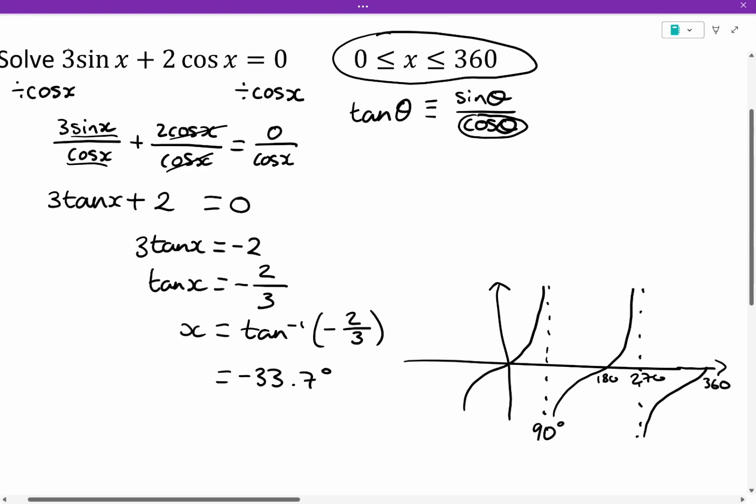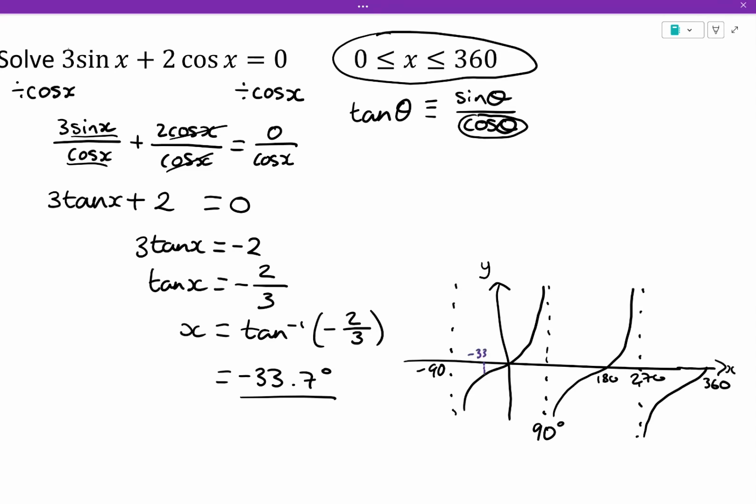Now the first angle we've got out is negative 33.7. Remember, angles are on your x-axis and your tan values are on your y-axis. Now if over here is negative 90, then negative 33.7 should be roughly, I'll do it in a different color, roughly here. So that should be negative 33.7. Now what we want to figure out is the other points which have the same y coordinate.